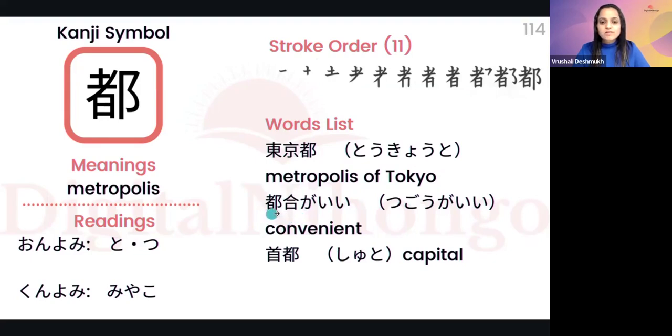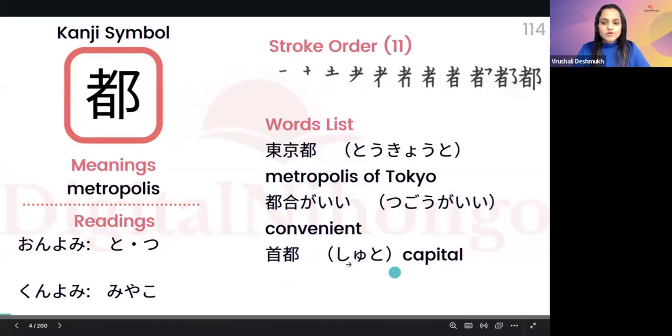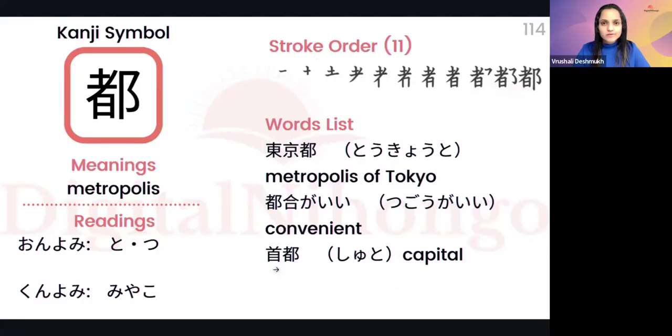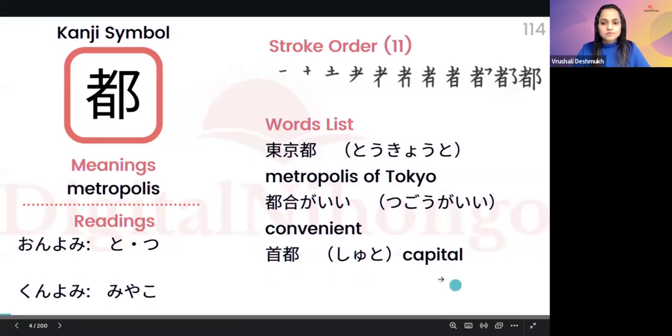In that word also this kanji is there, where it reads as tsu. And shuto. Shuto is capital. This shu is the kanji of neck, kubi. So main city, shuto, is capital.